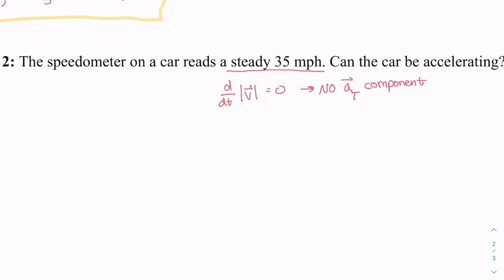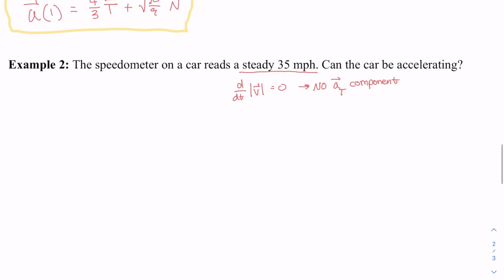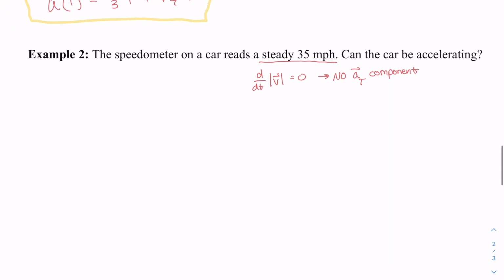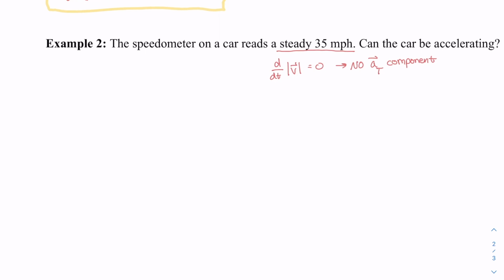And so when you first read this question without analyzing it, your gut reaction might be to say there's no acceleration because its speed isn't changing, or there's no change in speed, no acceleration. But that neglects that there's another component to acceleration that doesn't actually cause a change in speed, but rather causes a change in direction. So it tells us nothing about acceleration, except for the fact that there's no tangential component.